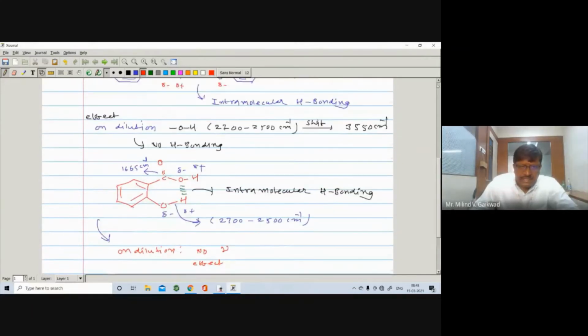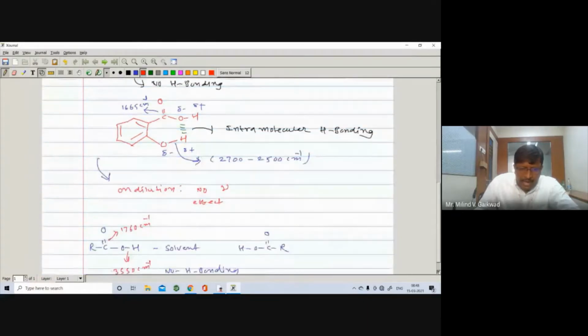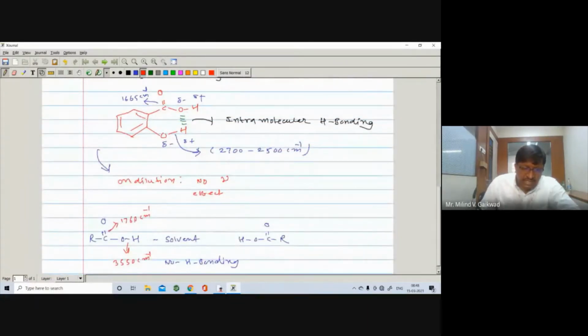In the previous case, the CO appears at 1678, and on dilution it appears at 1768, meaning there is again a shift towards the left side. So that's why there is an effect of hydrogen bonding on the vibrational frequency.